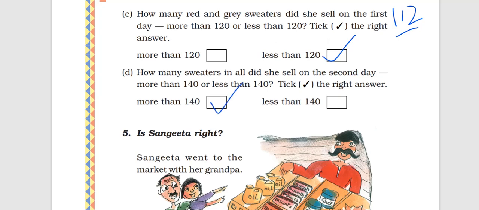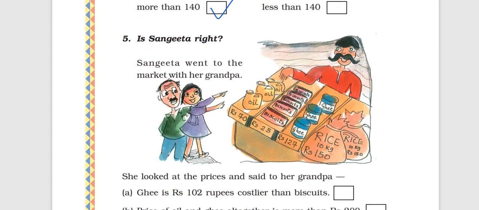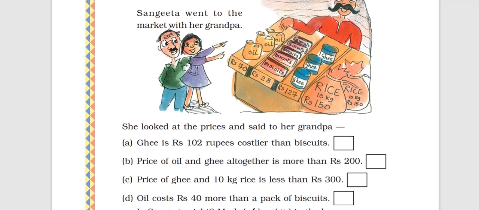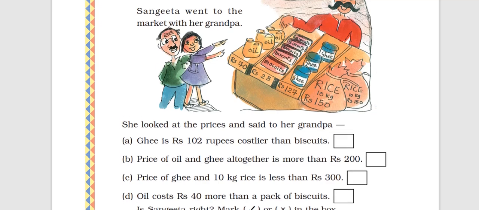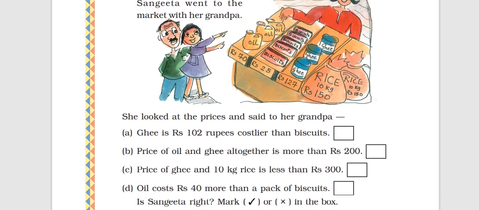Okay. Is Sangeeta right? Sangeeta went to the market with her grandpa. She looked at the prices and said to her grandpa, "Ghee is 102 rupees costlier than biscuits." So in other words, how much more is ghee than biscuits? We have ghee for 127 and biscuits for 25.